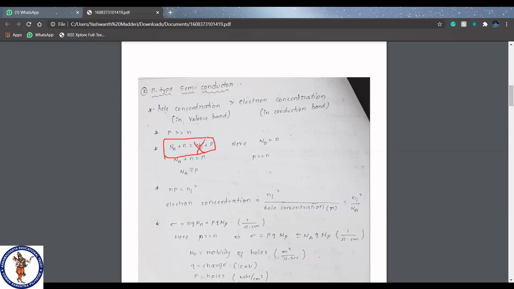We don't have any donor level in this case. In an intrinsic semiconductor, Na and Nd are both 0, so P equals N. But in this condition we have an acceptor level, so we should not make it 0, and the relationship is Na plus N equals P.